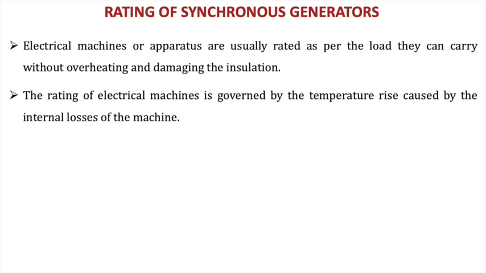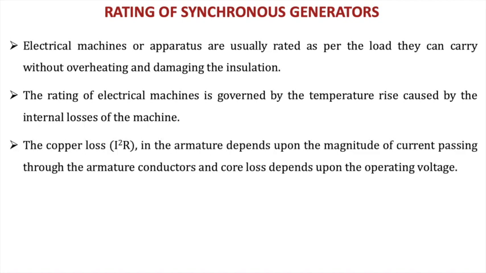The temperature rise comes from the I square R losses and the different losses taking place, and therefore the type of insulation used in the machines depends on the temperature it can go up to without any deterioration in the insulating materials.